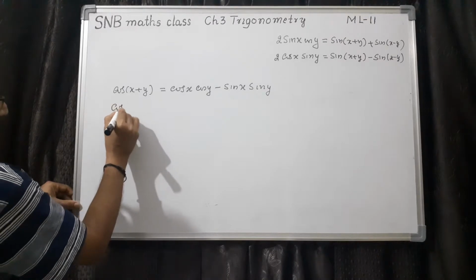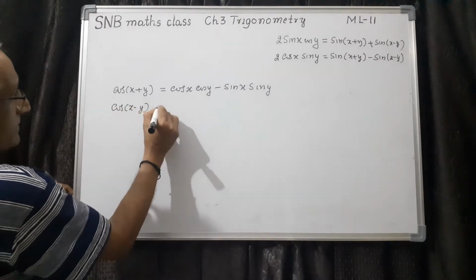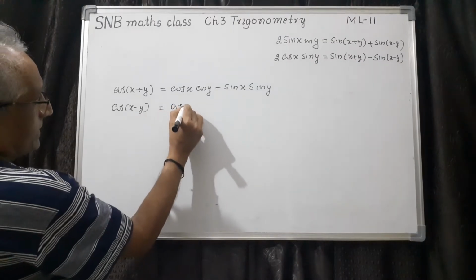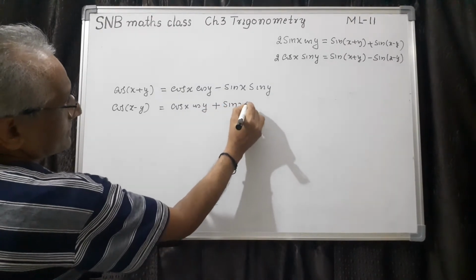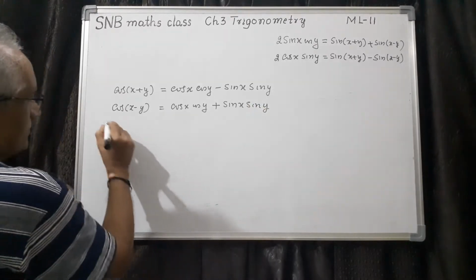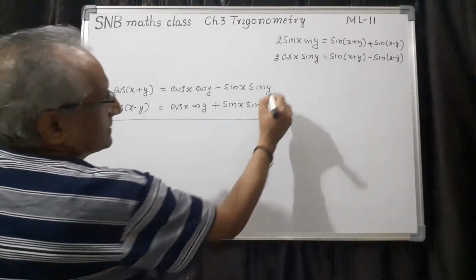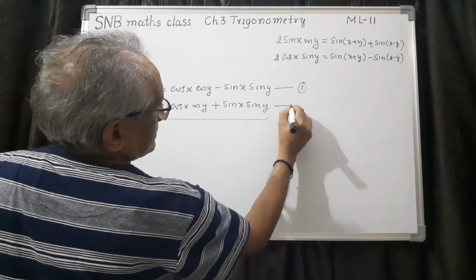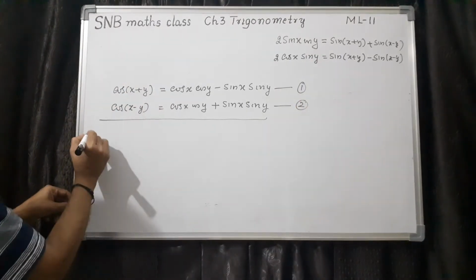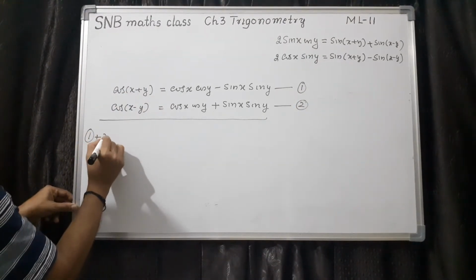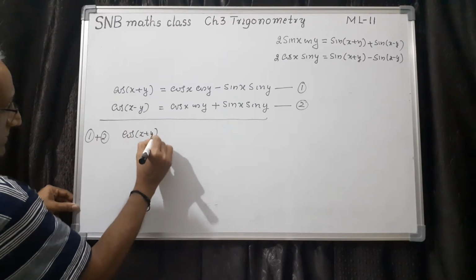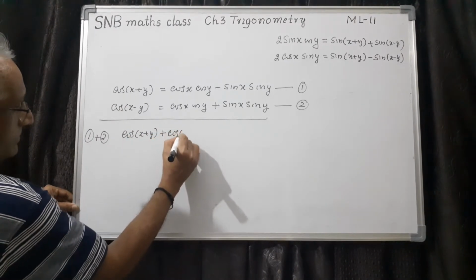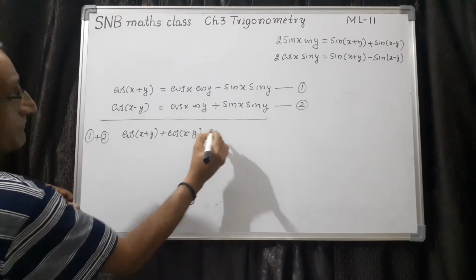And cos of x minus y is cos x cos y plus sin x sin y. So as before, let us take this as equation 1, this as equation 2. If you add 1 and 2, on the left hand side you get cos of x plus y plus cos of x minus y.